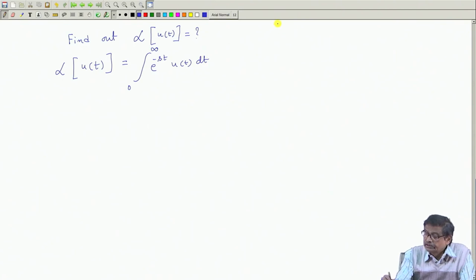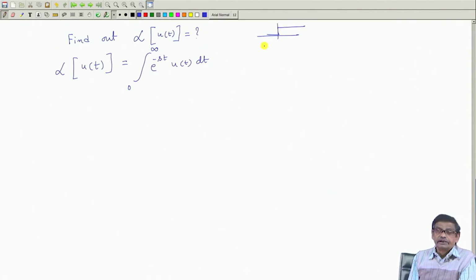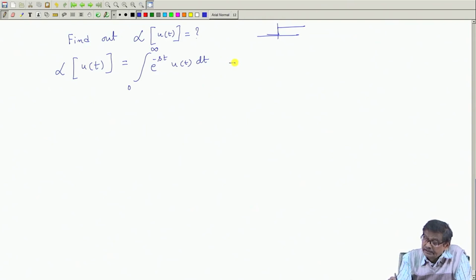Anyway, u(t) is a causal function that we have seen. For t greater than 0 it exists. So, it is like this. Now, this integral, if you look at it carefully, can be written as 0 to infinity e to the power minus st into dt, because u(t) is equal to 1.